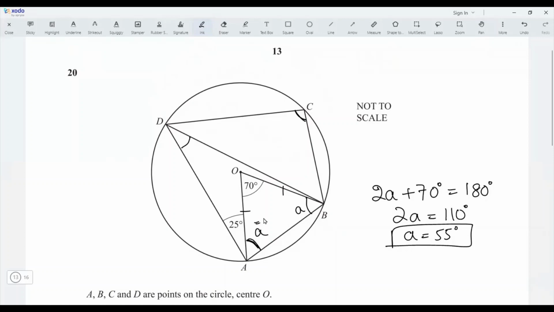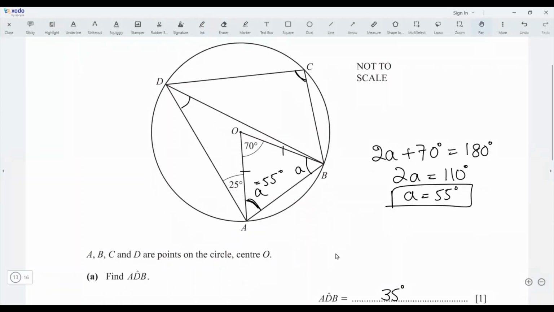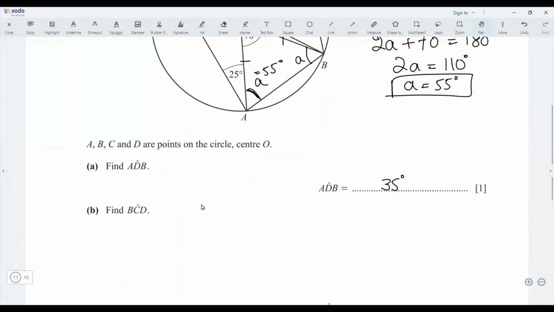So 55 will be this angle. So 55 plus 25 will be 80 degrees for this angle. So angle at A is 80. So angle BCD plus 80 degrees equals 180 because opposite angles of a cyclic quadrilateral are basically supplementary.